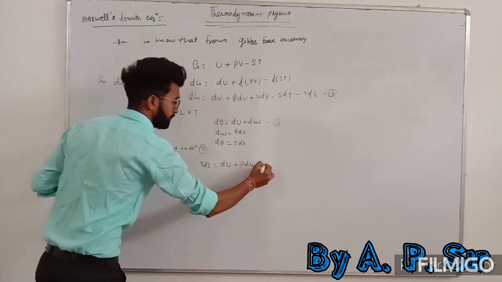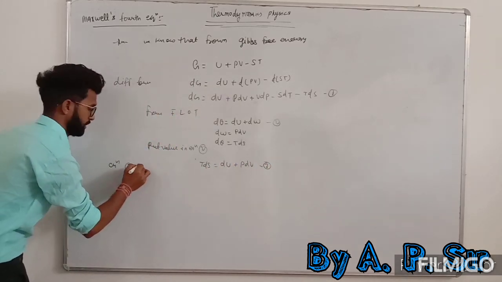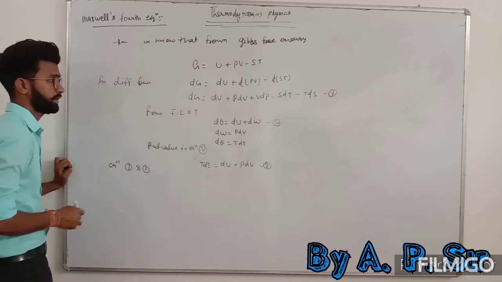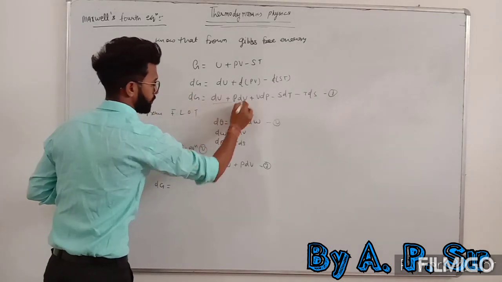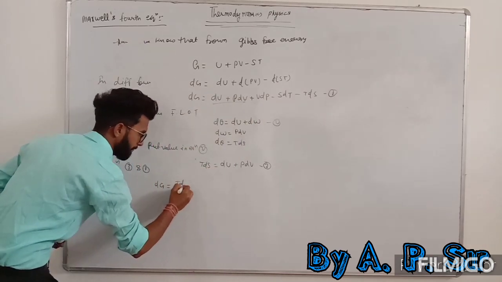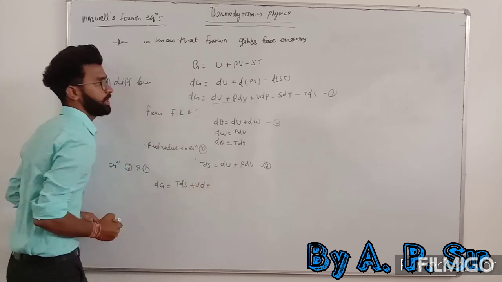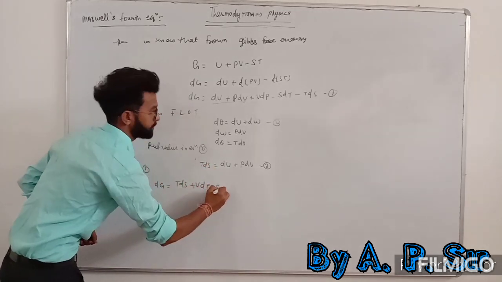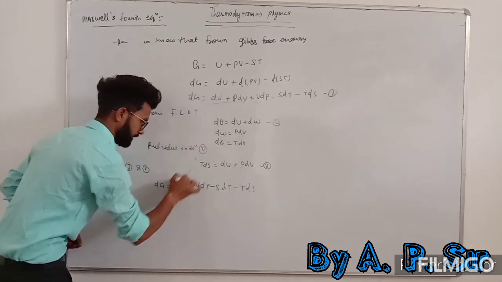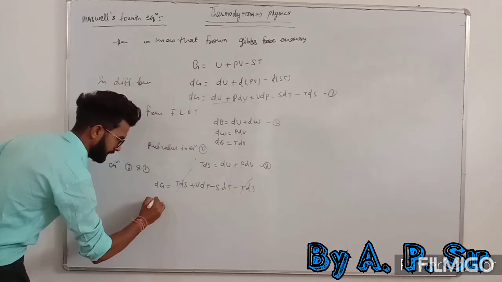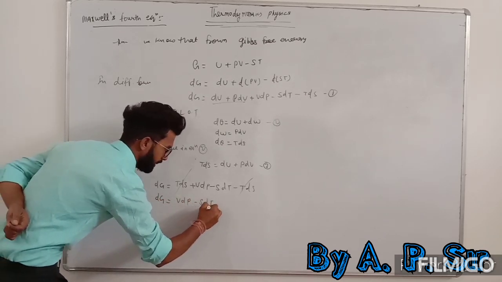Then from equation third and equation first, dG equals dU plus PdV plus VdP minus SdT minus TdS. TdS cancels out. Then dG equals VdP minus SdT.